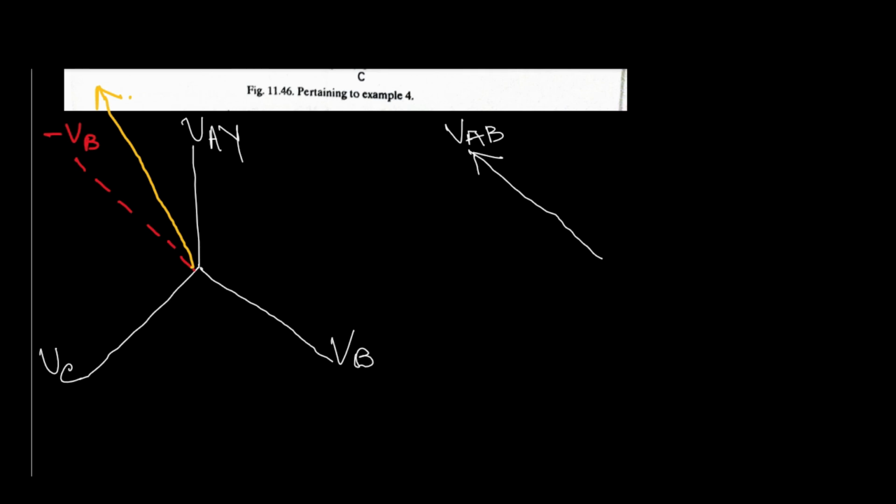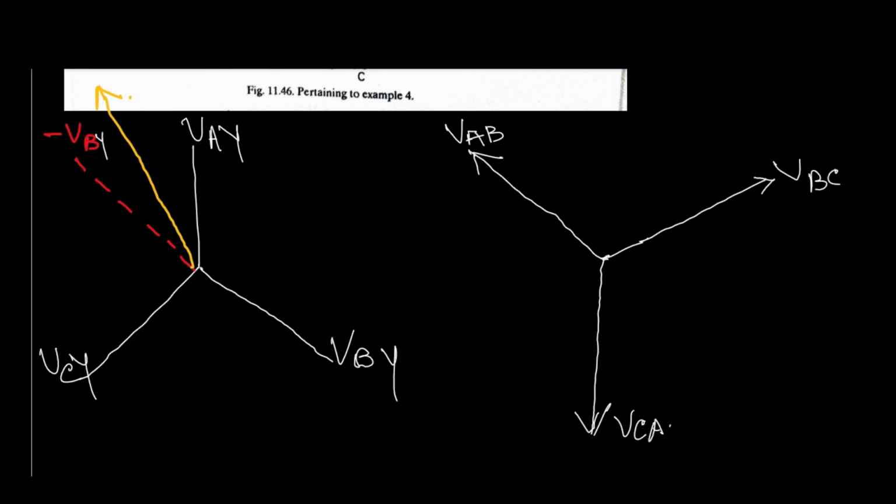Let me use Y to indicate that this is for the primary side. So you will get VAB, then exactly 120 degrees apart you will have VBC, and exactly 120 degrees apart you will have VCA. Right.